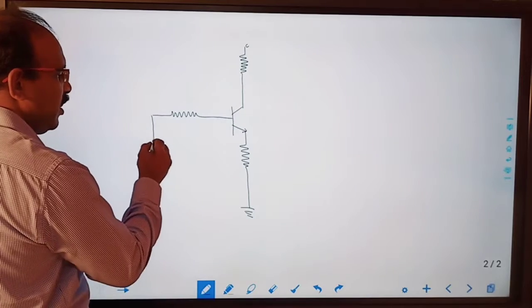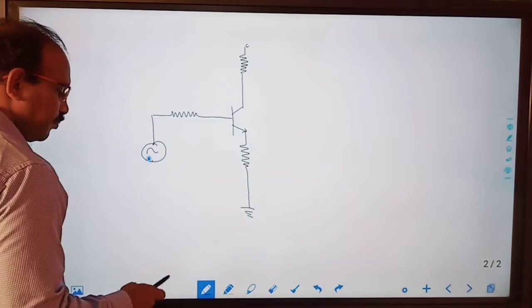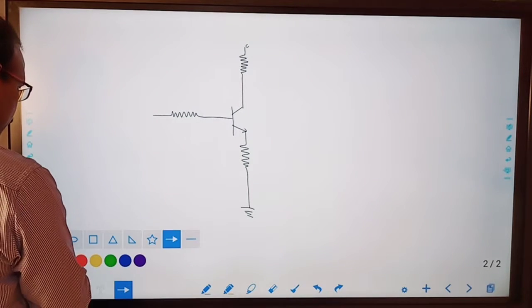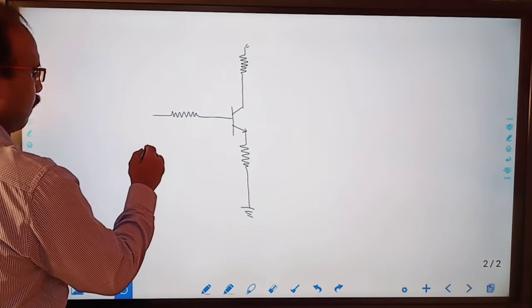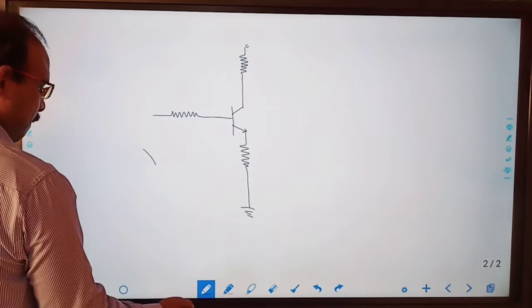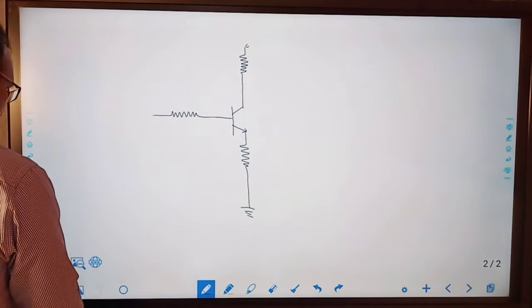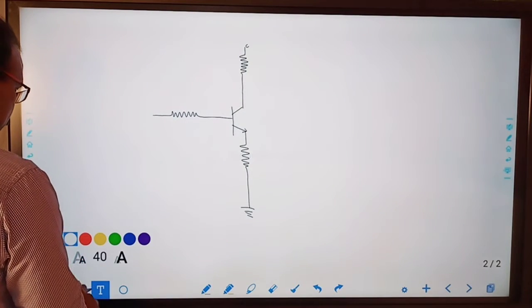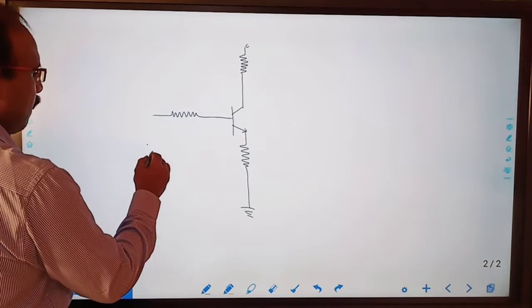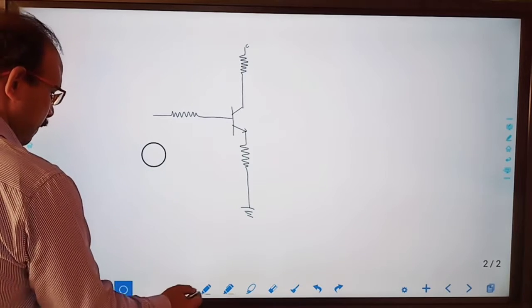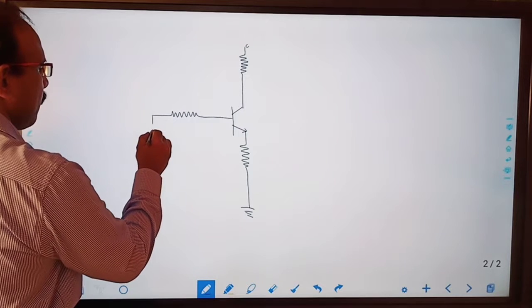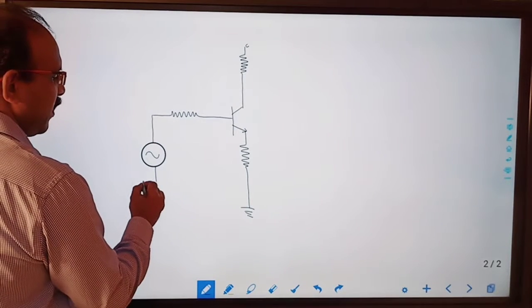This is the input signal, and here we connect the biasing battery.